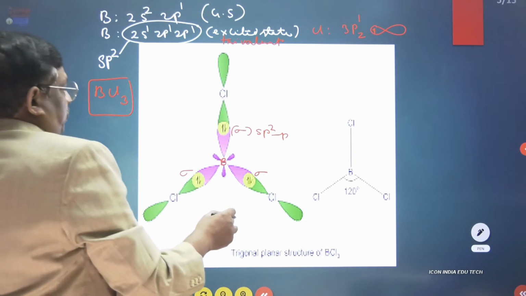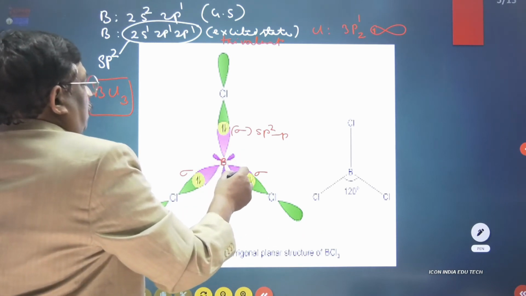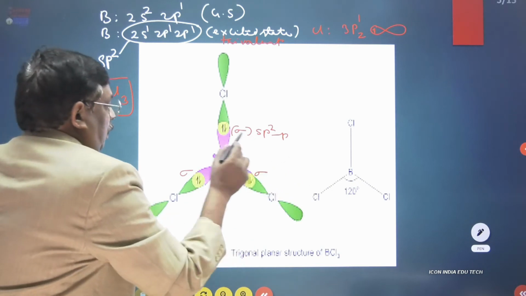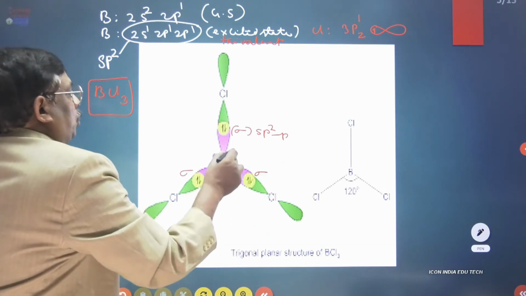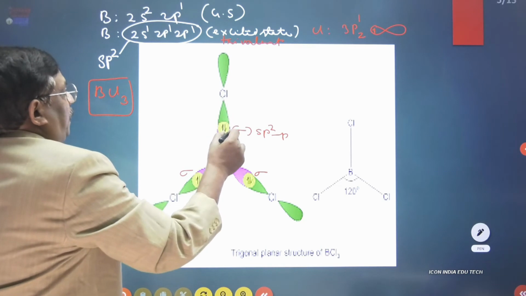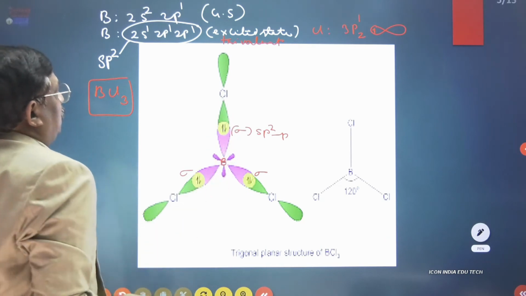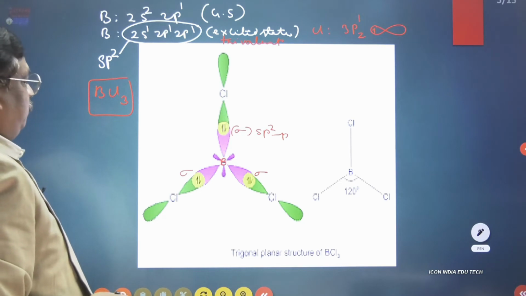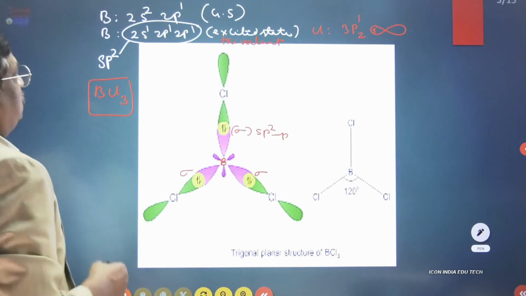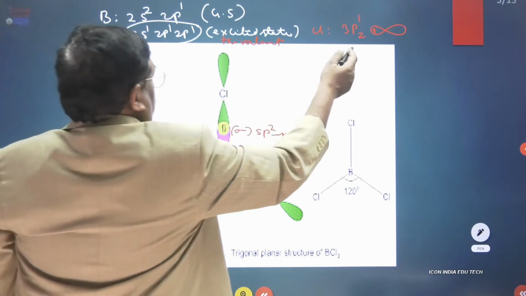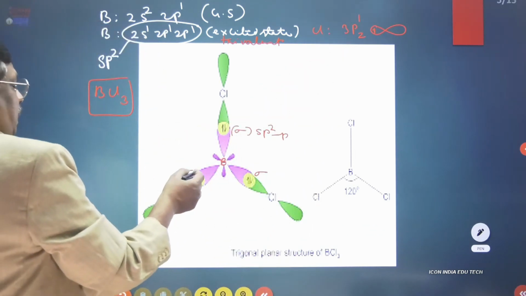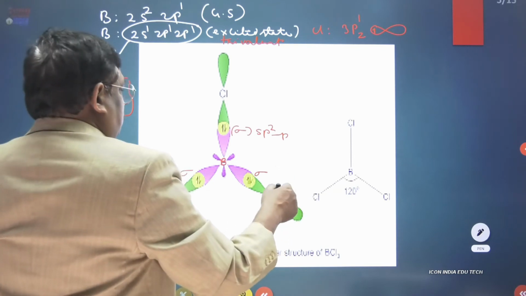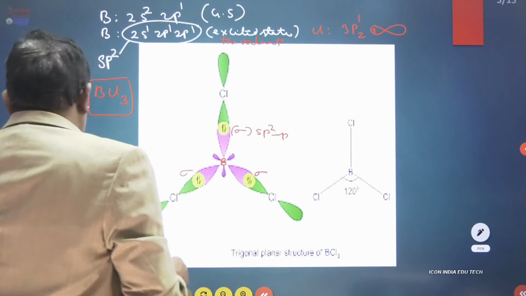Boron undergoes sp2, and 3 half-filled sp2 hybrid orbitals of boron are arranged in trigonal planar shape, and the 3 chlorines' half-filled p orbitals overlap with the half-filled sp2 hybrid orbitals of boron to form 3 sigma bonds like this. Now boron has 6 electrons in its outer shell in BCl3, so below octet, and each chlorine has octet state in it.